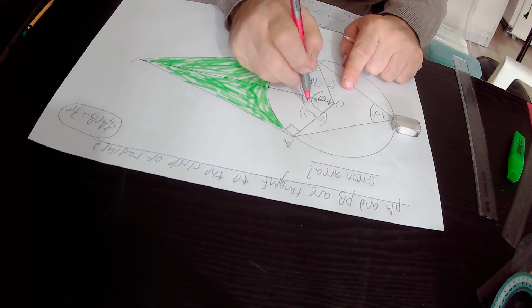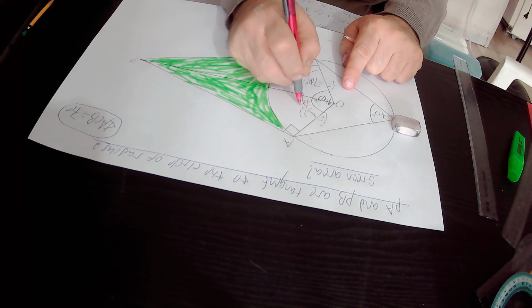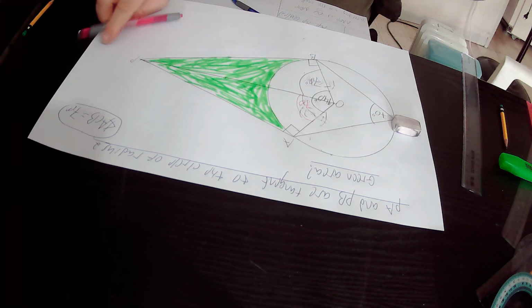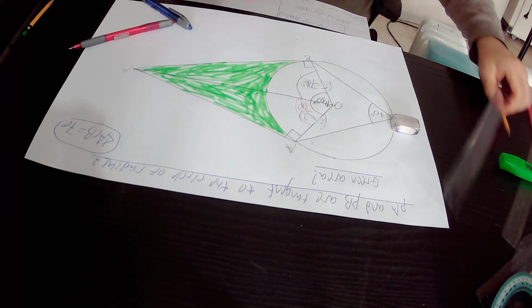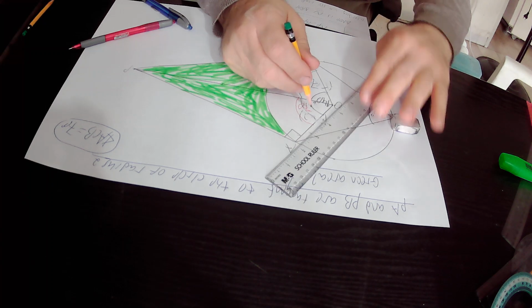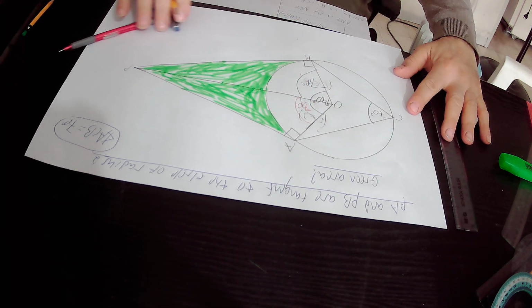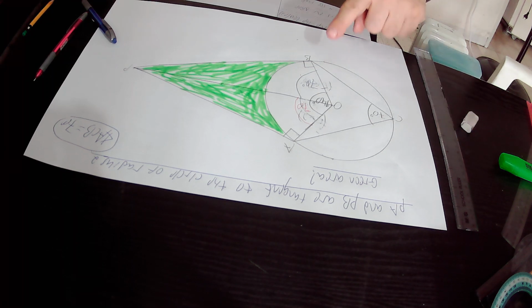And this angle is also angle alpha, that is equal to 70 degrees in its size. In the next step, we'll focus on the right upper triangle, triangle APO.